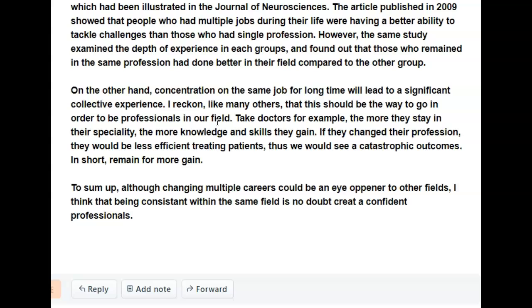All right, now you're probably wondering why I changed this around. Well, the reason is because apart from the word "reckon," you had something else here that felt really informal. "The way to go." This is an idiomatic expression, and you want to avoid this kind of language in your task too, because it's informal. This is how we speak, but this is certainly not how we write in an academic setting.